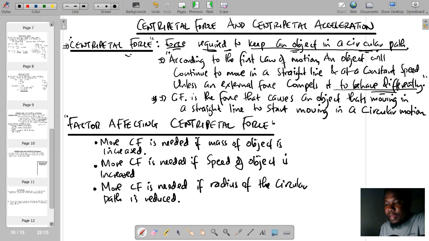And let's say you have tied a cow with a rope, and you're holding on to the rope tied around the neck of the cow. The cow is moving in a straight line, and you want to compel it to move in a circular motion. Where will it be easier, the bowling ball or the cow?